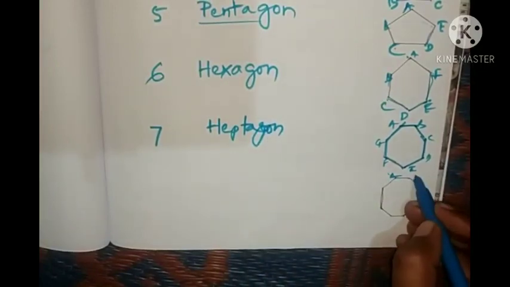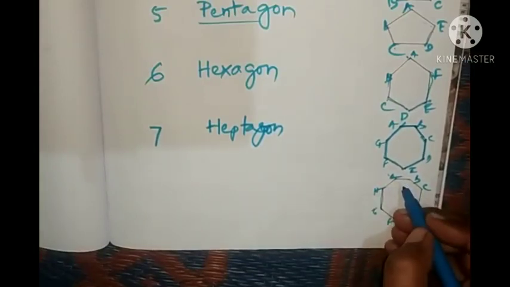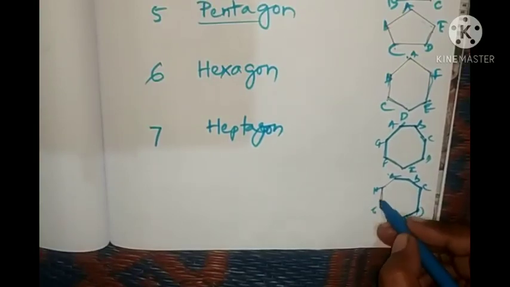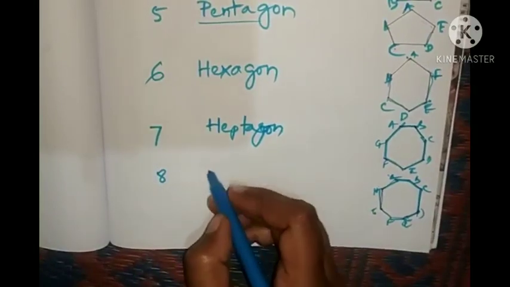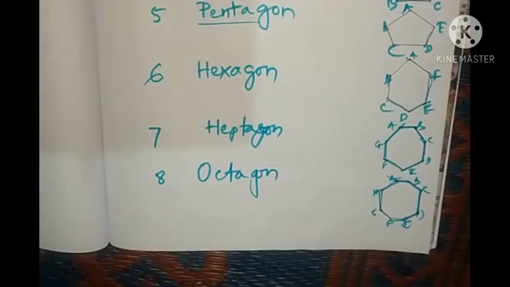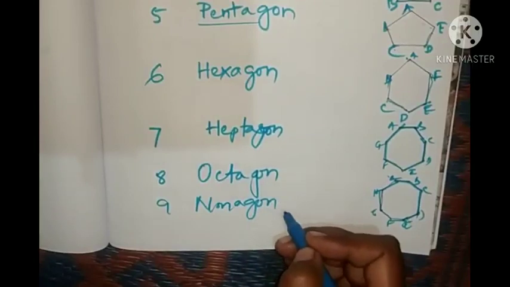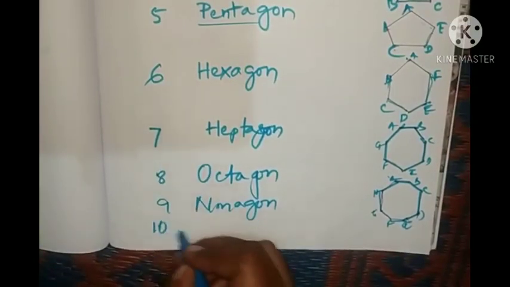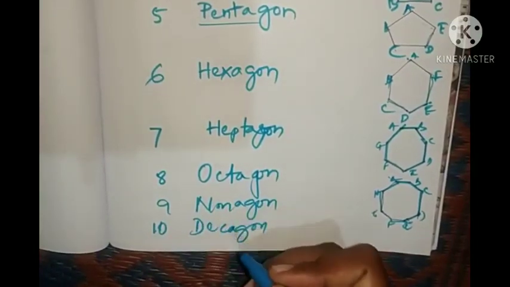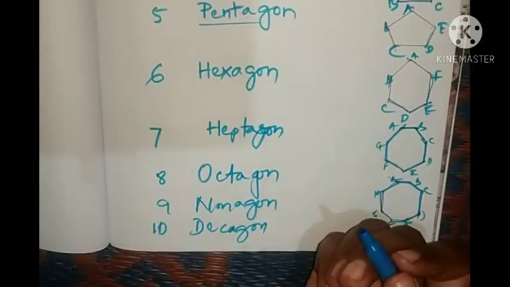Then A, B, C, D, E, F, G, H. Count it. 1, 2, 3, 4, 5, 6, 7, 8. 8 sides. 8 means octa, O-C-T-A, octagon. For 9 sides you can write nonagon, N-O-N-A. Then for 10, deca, decagon.